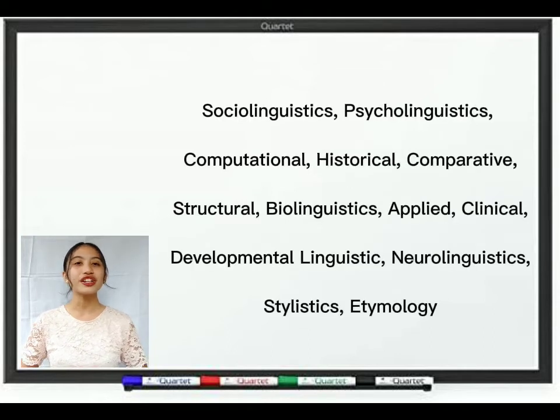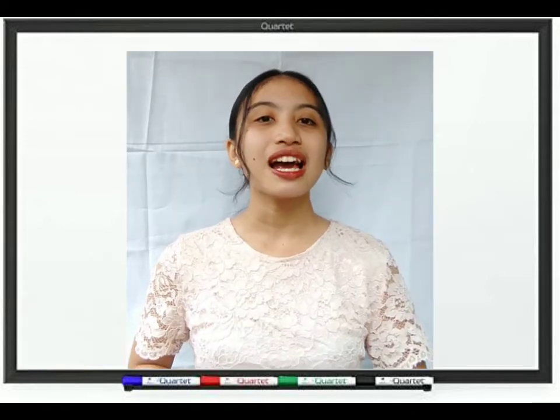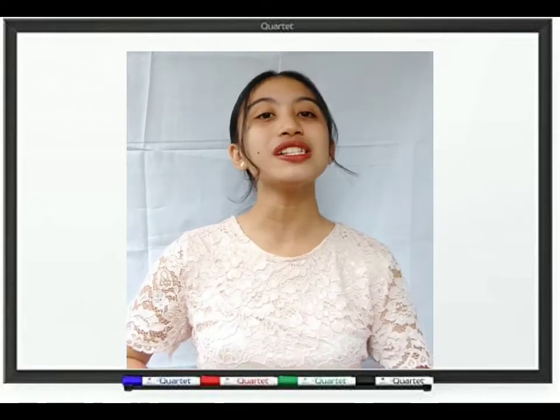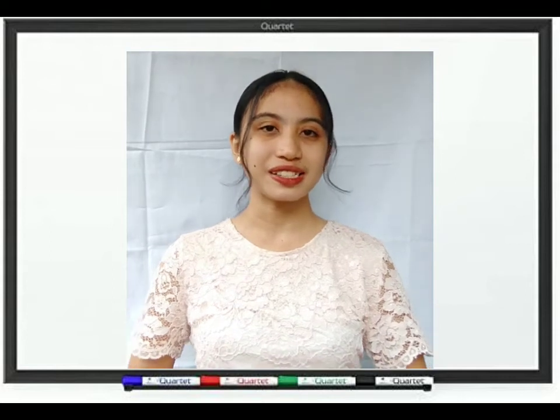Under this branch are social linguistics, psycholinguistics, computational, historical, comparative, structural, biolinguistics, applied, clinical, developmental linguistics, neurolinguistics, stylistics, and etymology. In microlinguistics, I will focus on pragmatics, and developmental linguistics in macrolinguistics.